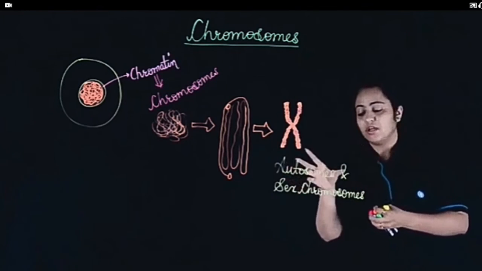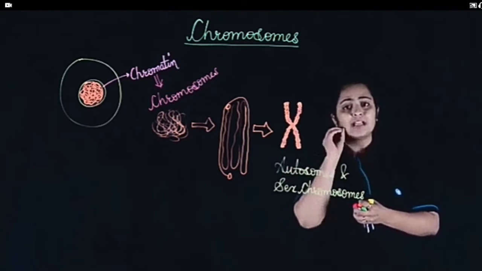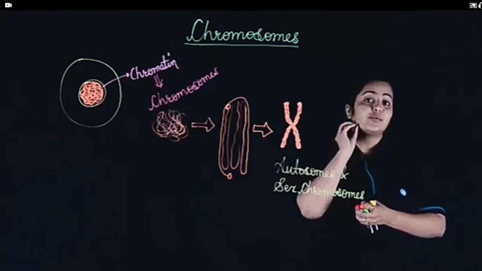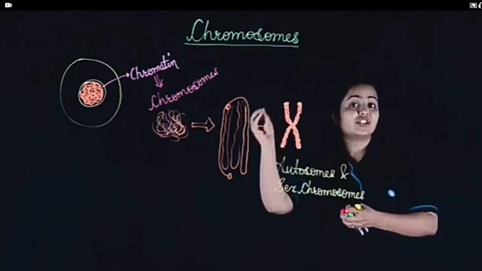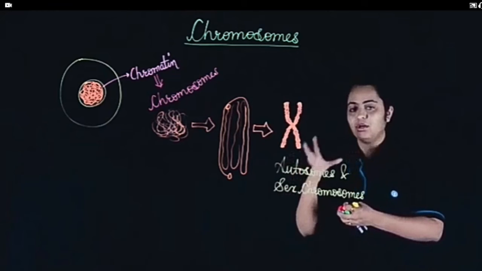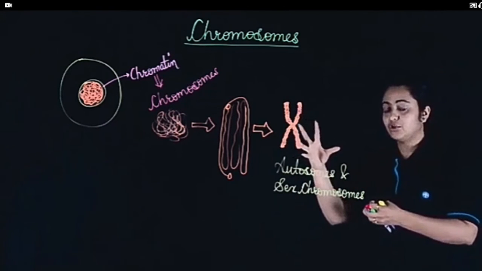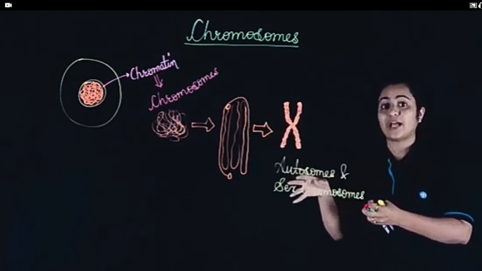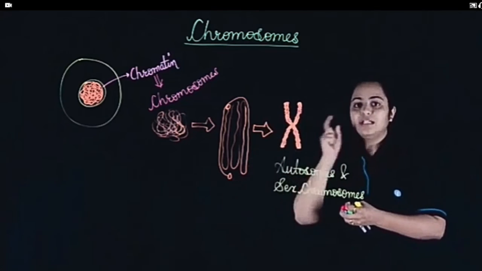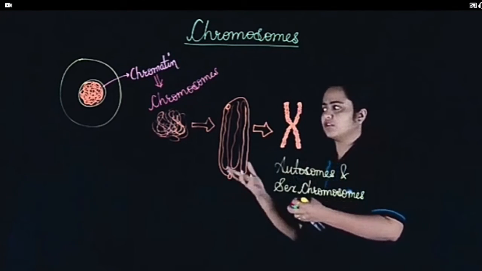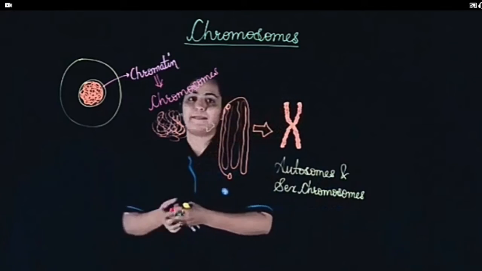Whereas when you say sex chromosomes, that means the chromosomes which will determine the sex of the child. We all know XX chromosome in humans is female, XY chromosome in humans is male. Similarly, in other organisms also, you have this XX and XY pattern.